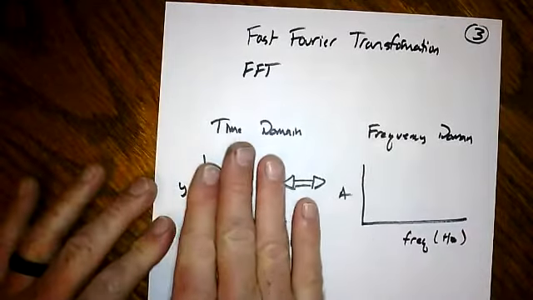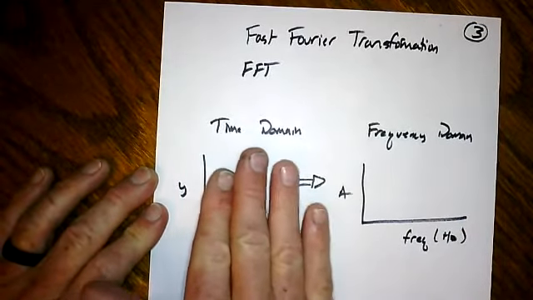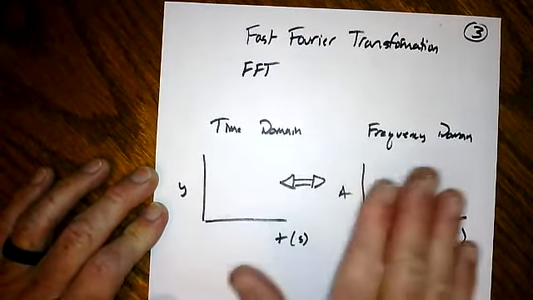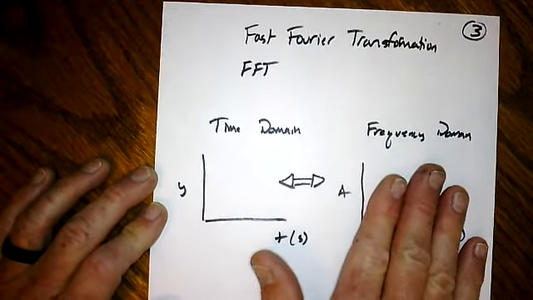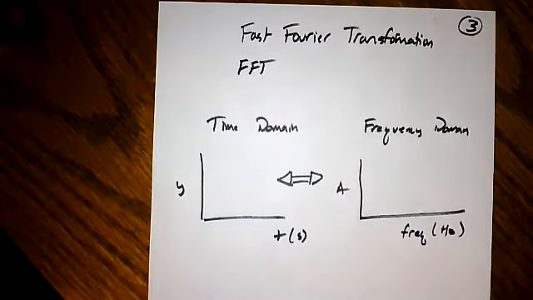But there are times where we can see things better in the time domain, and there are times that we can see things better using the frequency domain. An analogy I often give is the 12-lead EKG, which a lot of people have seen. The whole idea of a 12-lead EKG is that you're getting information about the electrical activity of the heart from different perspectives.